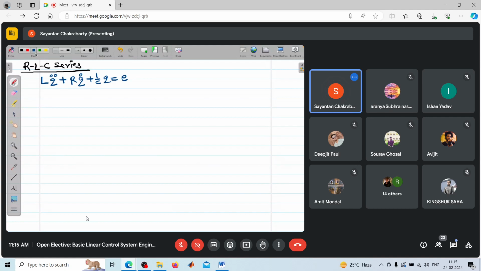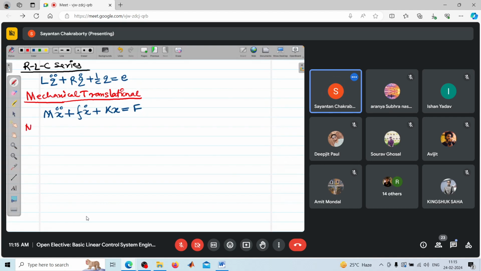Then for the mechanical translational system, you have the equation M x double dot plus f x dot plus kx is equal to f.